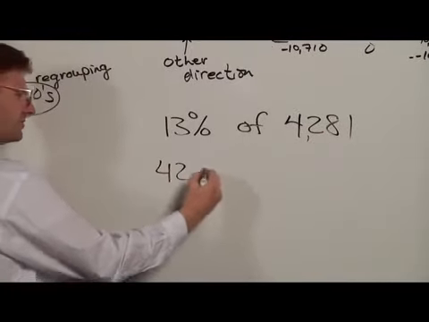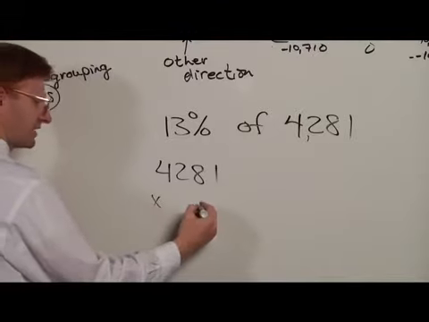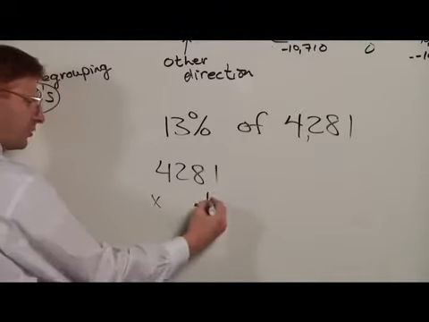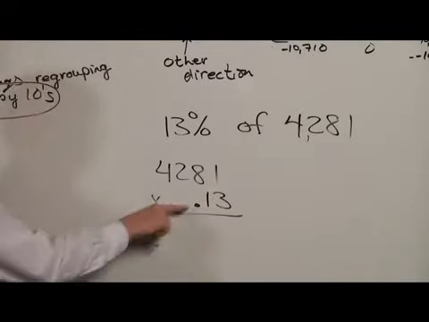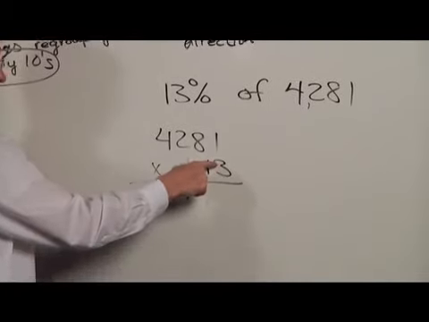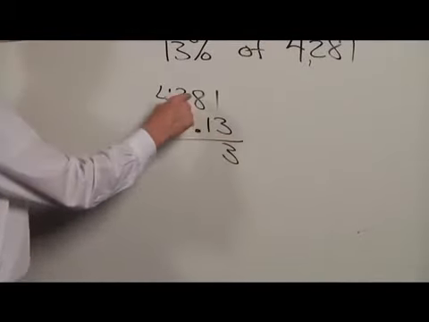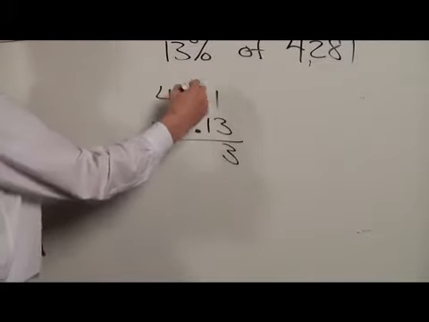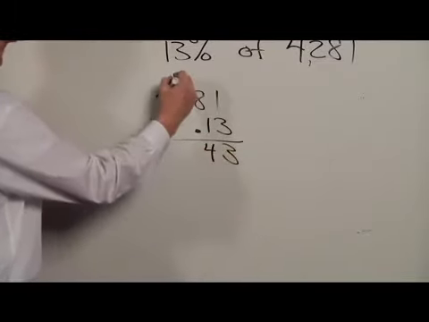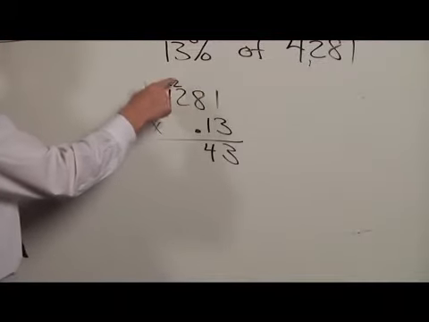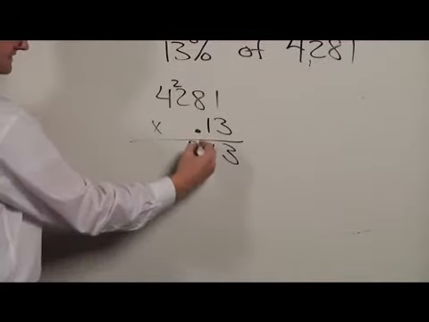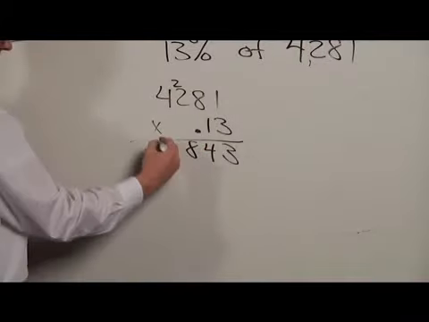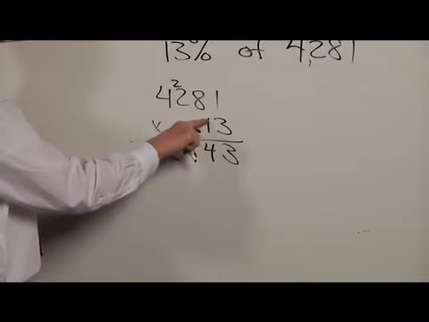We're going to take 4,281 times 13%, which is listed as a number as 0.13. That's 13%. So we have 3 times 1 is 3. 3 times 8 is 24. 3 times 2 is 6. Plus the 2 is 8. 3 times 4 is 12. And we have 1. That's kind of nice.